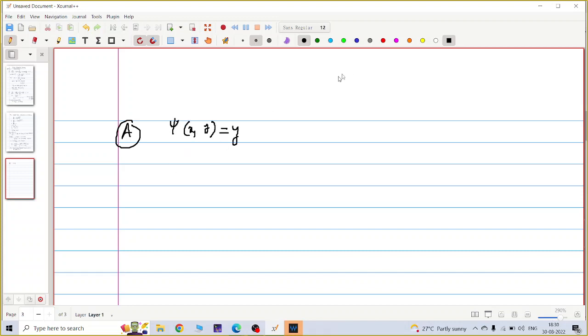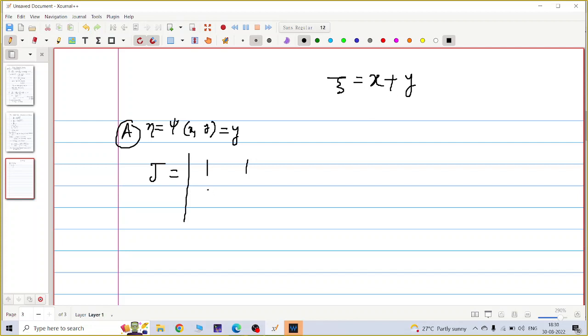So what is the Jacobian? Xi is my x plus y. It is given and I already found it also. So Jacobian is xi x, which is 1, xi y, which is 1. Eta means such a psi. So what is eta x?